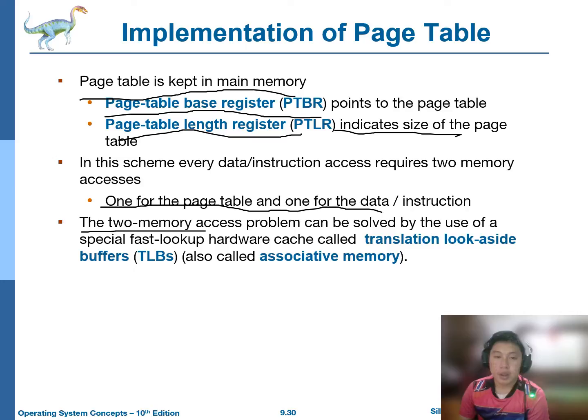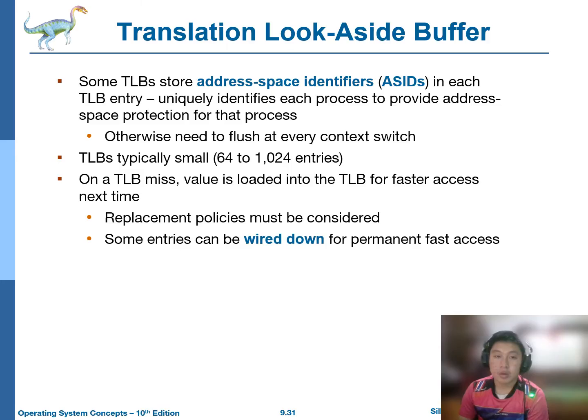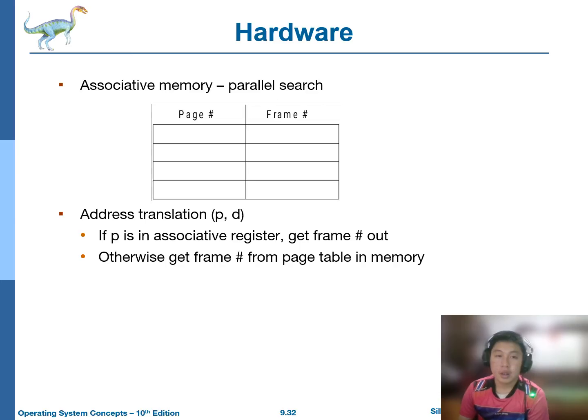The two-memory-access problem can be solved by the use of a special fast-lookup hardware cache called the translation look-aside buffer (TLB). Some TLBs store address-space identifiers. TLB replacement policy must be considered.